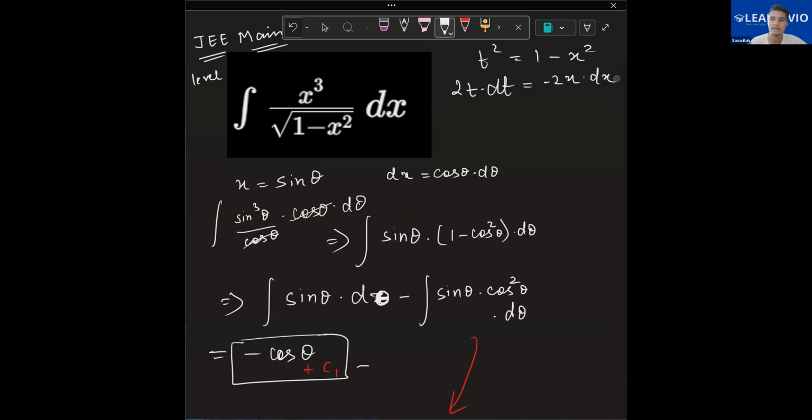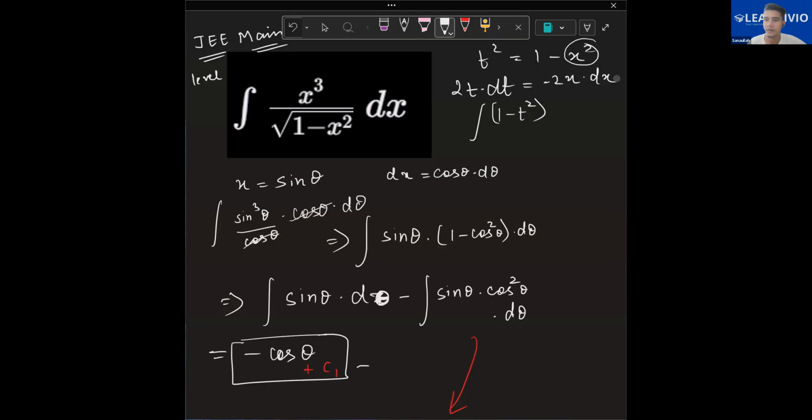सो इससे मेरे पास in the numerator I can break this x cube as x square and x, है ना. So x स्क्वायर की जगह पे मैं ये सब्स्टिट्यूट कर सकता हूँ, that is x square is 1 minus t square. ठीक है, integration 1 minus t square, and we are left with 1x.